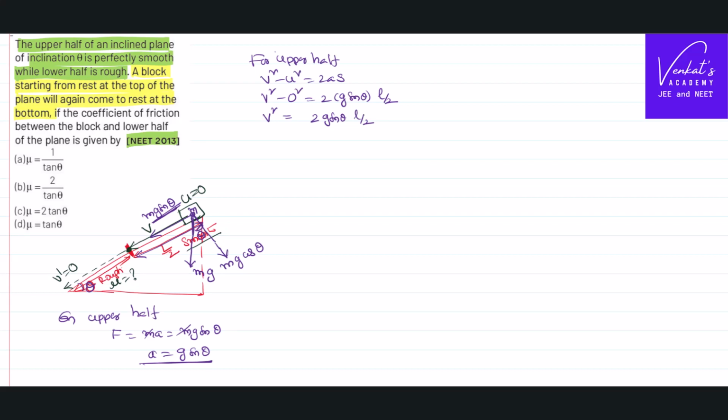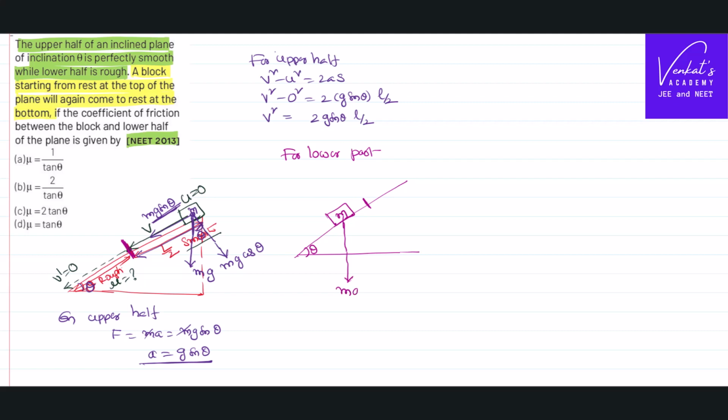Let's come to the lower part now. I will draw the lower part diagram separately so that I can explain comfortably. There is a block here of mass m, angle of inclination theta.